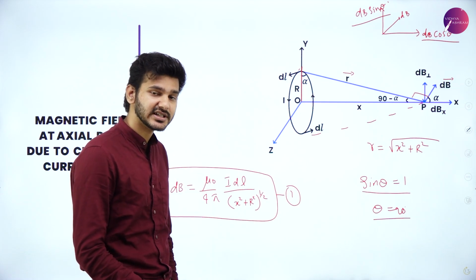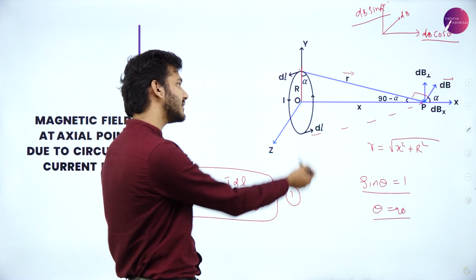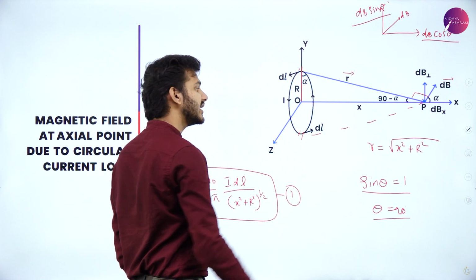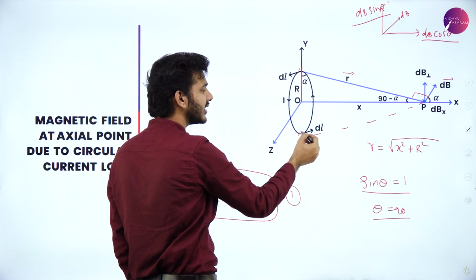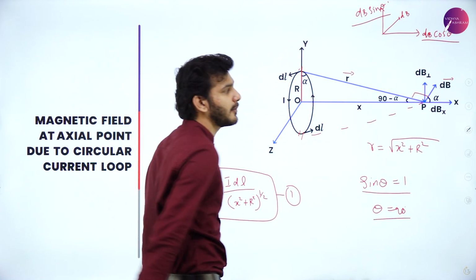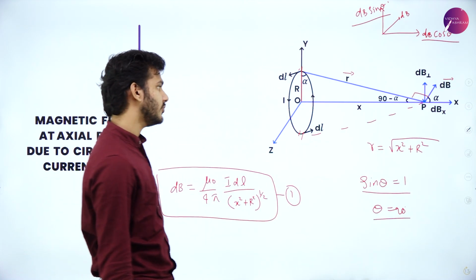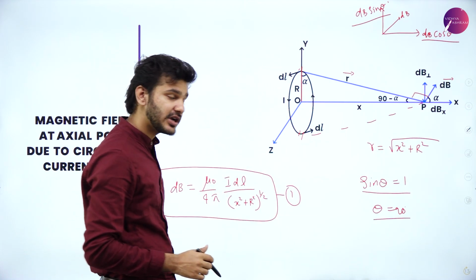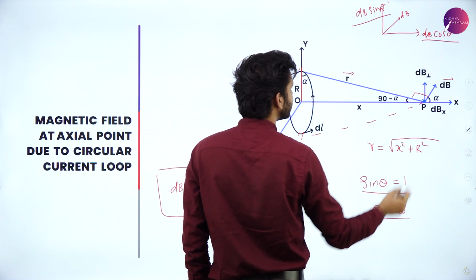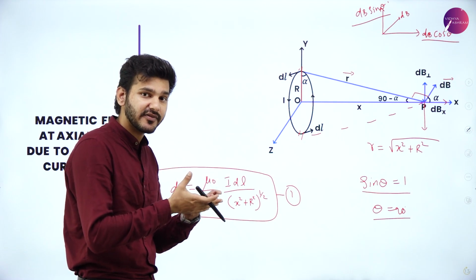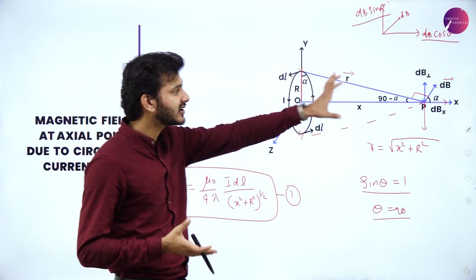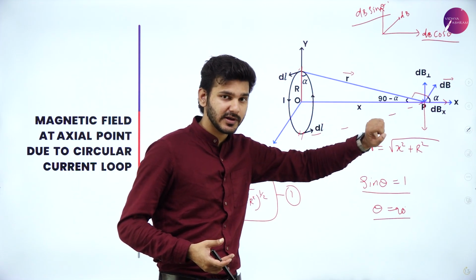At this instance, we are going to consider the symmetrically opposite line element dl also. Because of this element dl and this element dl, there will be a magnetic field. So the magnetic field experienced will be equal to the resultant vector which we obtain after resolving this dB.